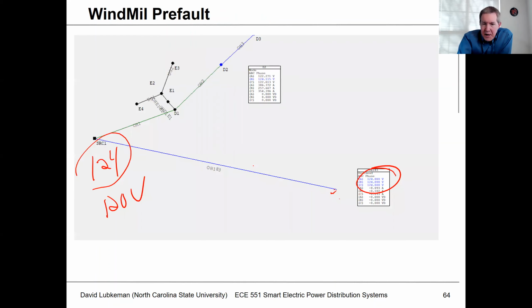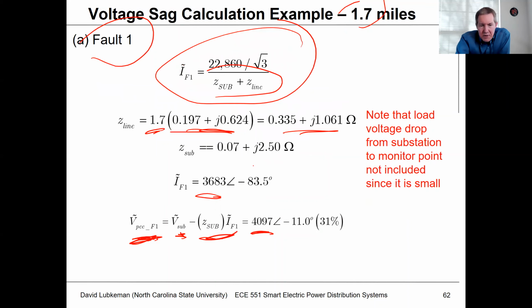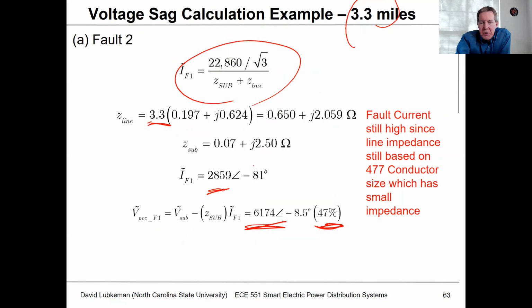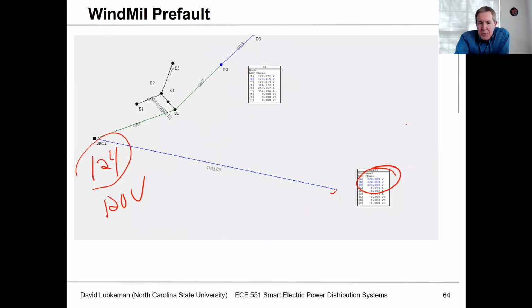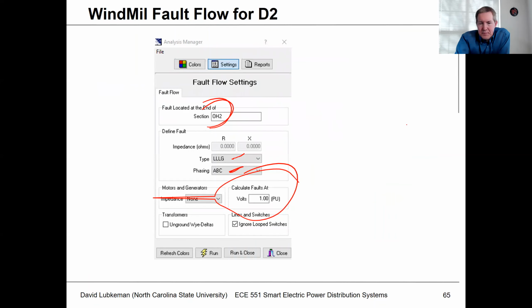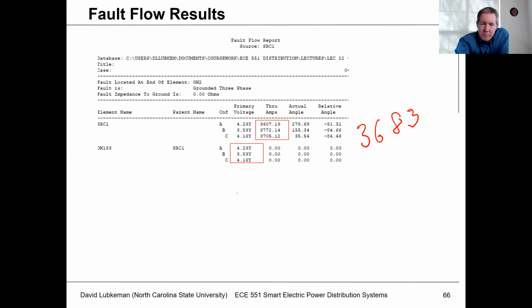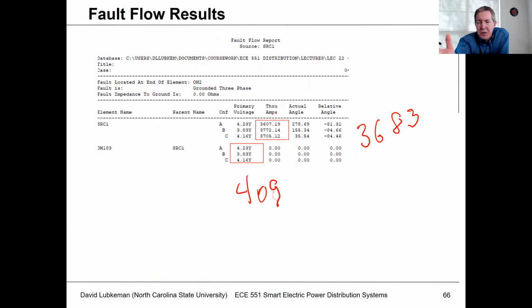Because before, what I had calculated for the fault was 3,683 for the current, and then what I had for the voltage before was 4,097. Okay, so did I screw up on this, or what's going on?